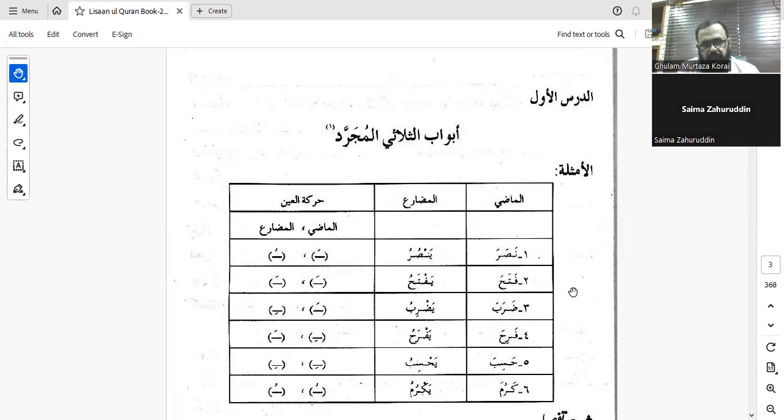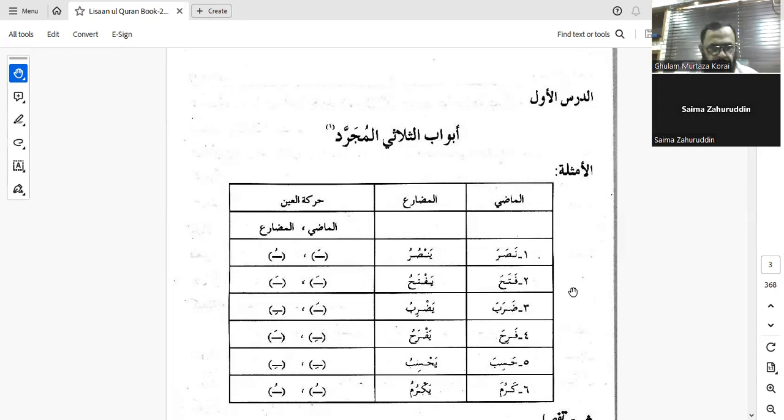For example, Nasara Yansuru: the ain kalima carries a fatha in the madi form, and in the mudari form it carries a damma. The other chapter is Fataha Yaftahu: the ain kalima in the madi carries a fatha, and in the mudari also carries a fatha. So there's a difference. That's how we differentiate between them, and so on.